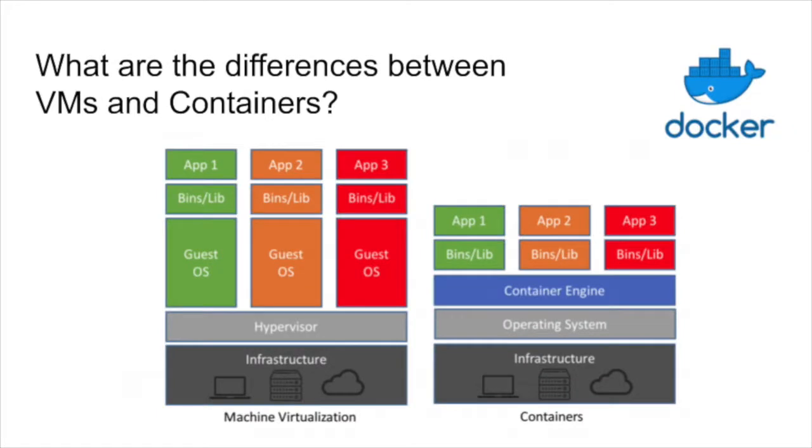What are the differences between virtual machines and containers? Here we have a picture that will help us find the differences. Docker uses OS-level virtualization to deliver your software in packages called containers. These packages include everything your software needs to run, like dependencies, libraries, binaries, and more.